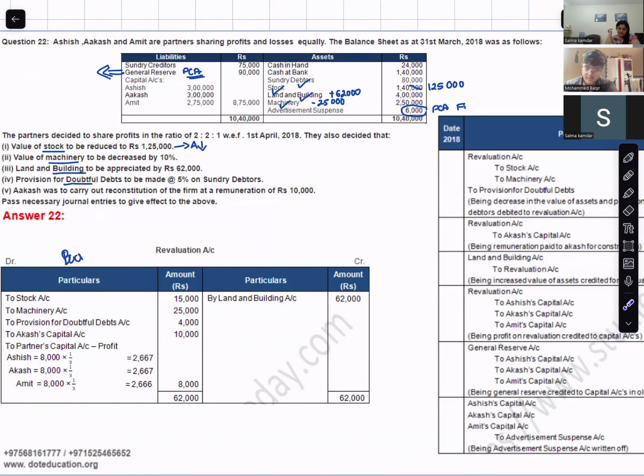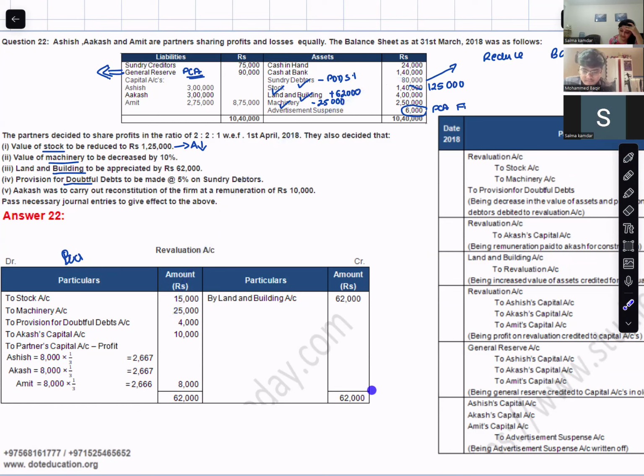You have to create PDD 5% on debtors. That means the debtors are going to reduce, so it is again a bad thing. Minus PDD 5%. What is 5% of 80,000? It's going to be 4,000.